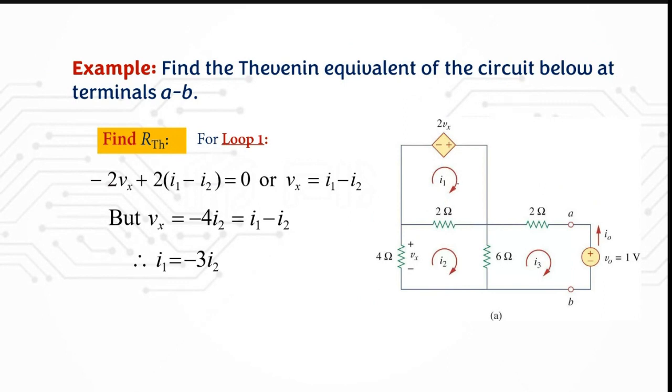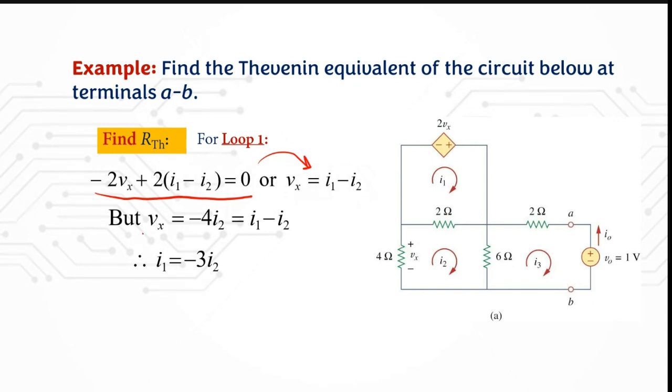Let's say from this loop 1 here, which is I1, you know that we're going to have negative 2Vx plus 2I1 minus 2I2, and then equal to 0. When you simplify this equation, you will get Vx equal to I1 minus I2. And what is the value for your Vx?